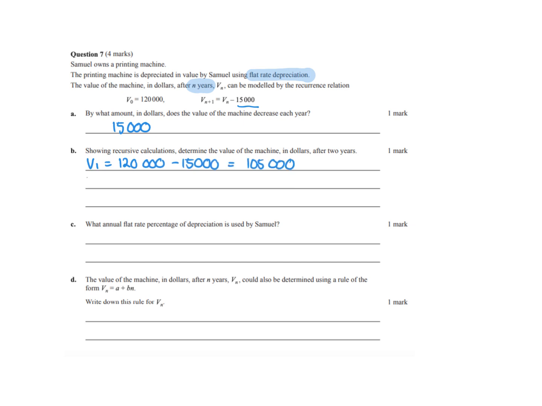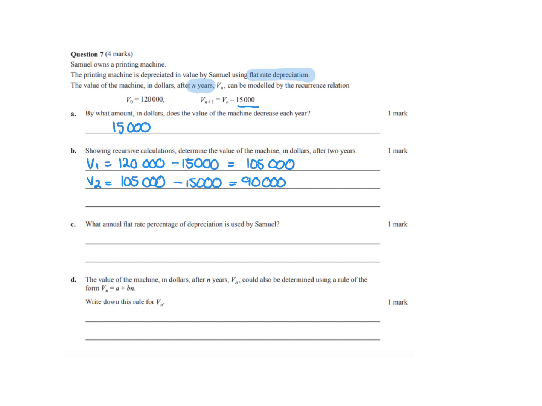Then you had to show that V2 would have been that value, 105,000, minus the 15,000, which is 90,000. You had to show it like that. If you don't have that all written out, you're not getting your mark. And 1 mark is huge. You drop really quickly.